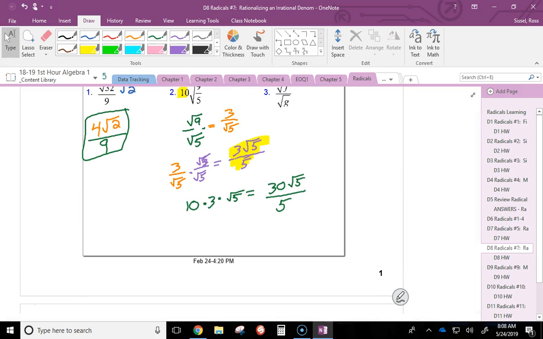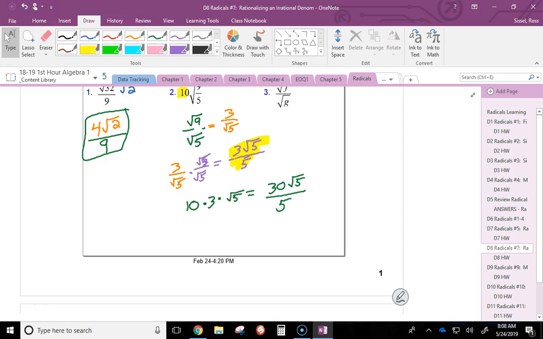Okay, so what I did was we had our 10, right? And this is 10 times 3 times the square root of 5. So you're not multiplying the 10 by the square root of 5. You're just multiplying it by 3. Why can't you multiply by the root of 5? Don't you have to multiply by the denominator too because it's outside of the equation? Doesn't it have to be 50 on the bottom?